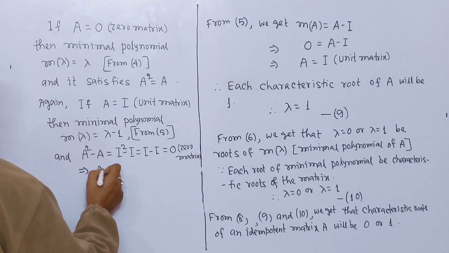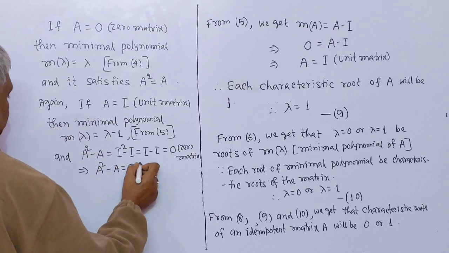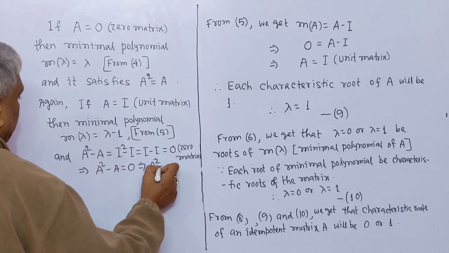This implies that A square minus A equal to 0 matrix, which implies that A square equal to A.